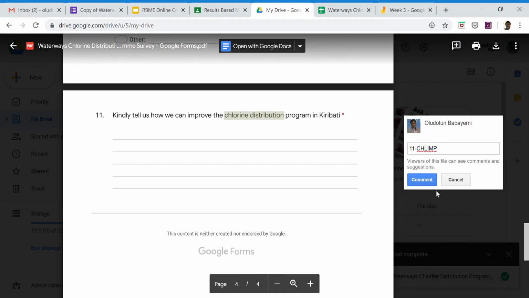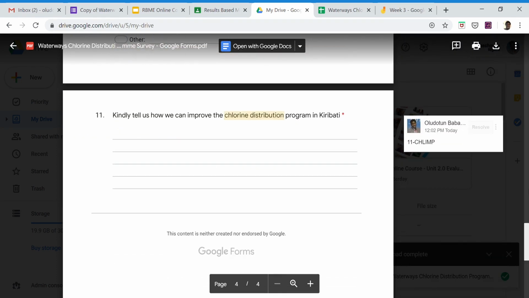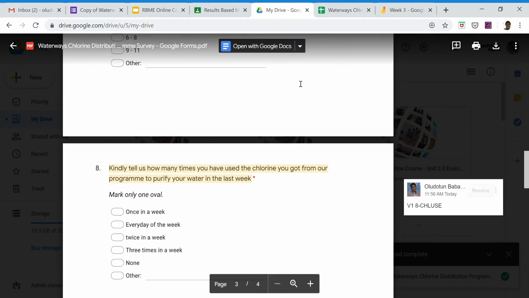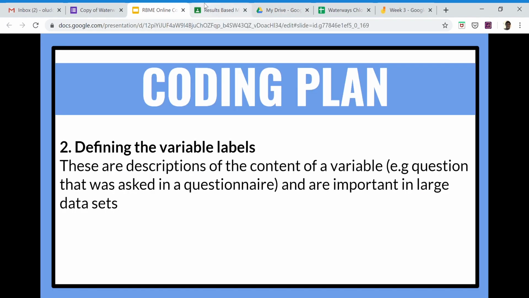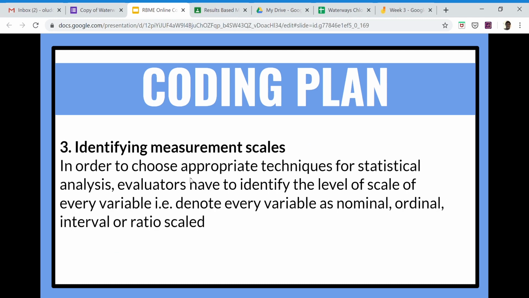So I have all this in codes, and that's that. The same thing I should have done for the digitalized format also, but I'm just showing how to do it on the paper itself. So that's the variable labels that we've done. Then we need to identify the measurement scales. The scales, we will discuss in some minutes.